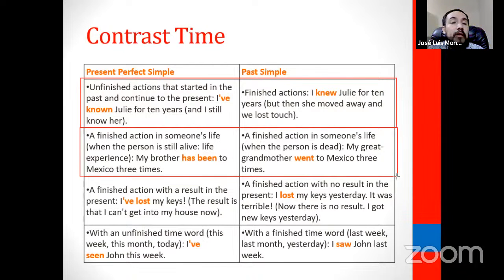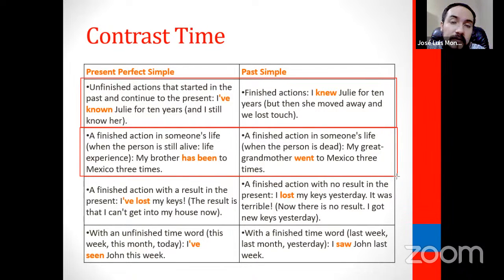So my mother has been to Mexico 3 times. So we know that that action has happened 3 times, but we don't know when. And we are implying the idea of her being alive and being able to, well, change that situation once again.